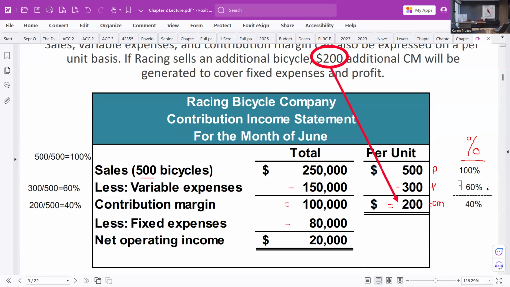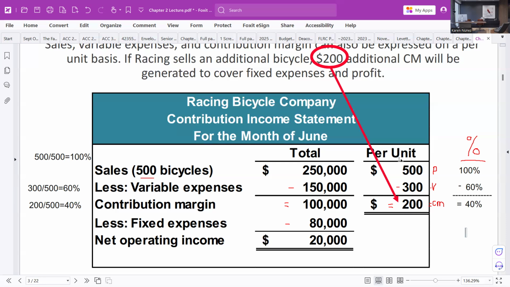It's the variable expenses as a percent of sales. 60 cents out of every dollar, or 60% of our sales price, ends up being variable expenses. And we end up being left with 40 cents on the dollar. Contribution margin is 40% of our selling price.